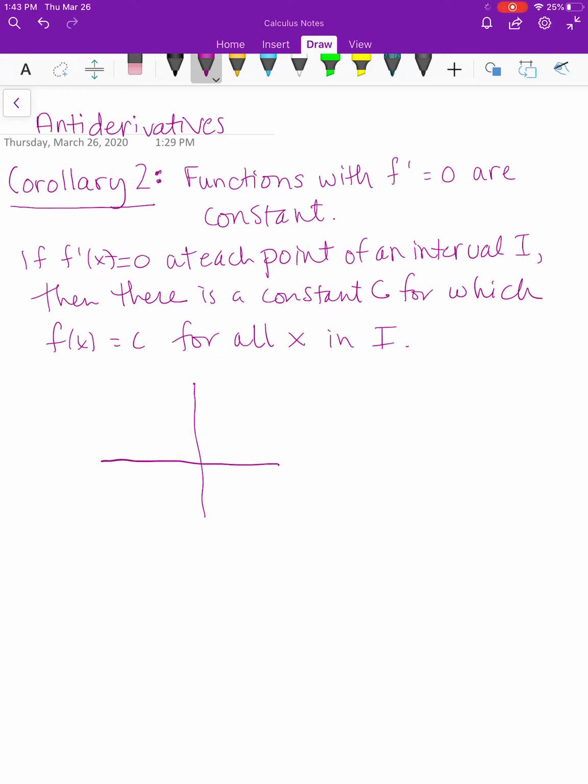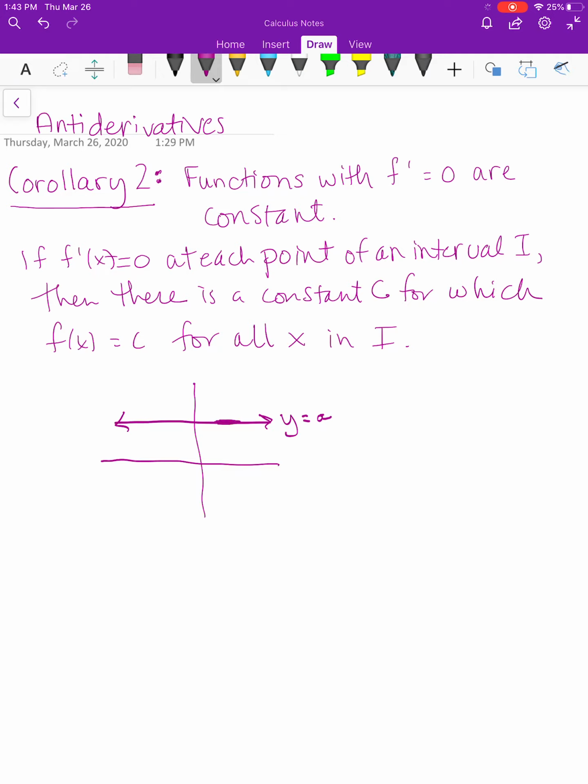We're not talking about that. We're literally taking the derivative, and it's 0. So the only time this is going to happen is when that function is y equals a or b or c. I don't care. Any number, you can let it equal anything, but it's going to be a horizontal line.